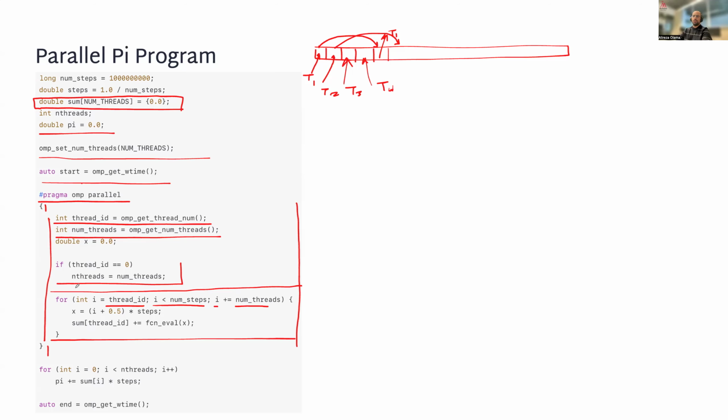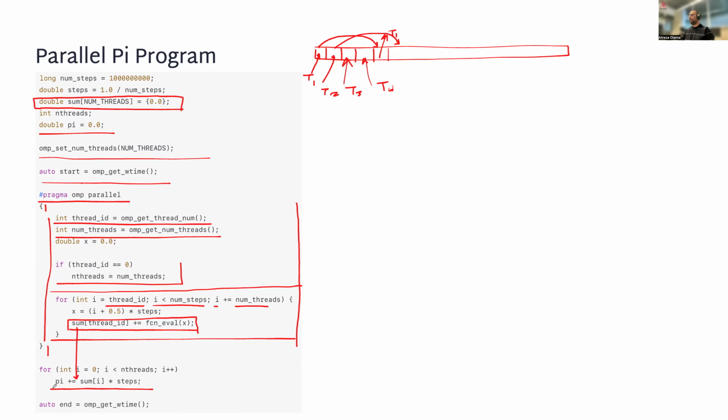If you take a look at the code, you will understand this strategy. Okay. And finally, I just partially update this sum array for each thread, and then I loop over this partial sum here, and then I compute pi.